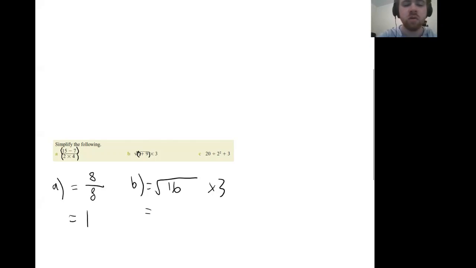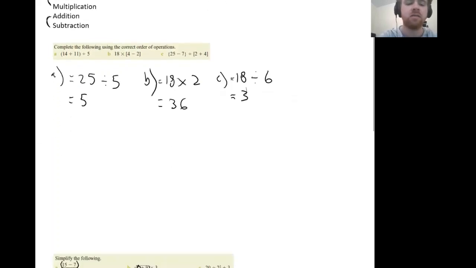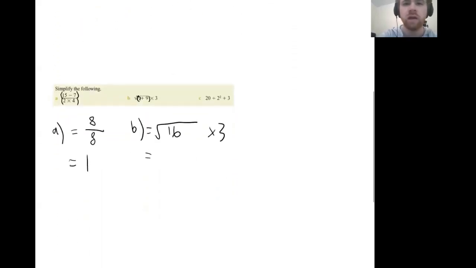The first thing we do is not the multiplication, but the square root, because that's in the indices line here. So we square root 16. What number times itself equals 16? 2 times 2 is 4, 3 times 3 is 9, 4 times 4 is 16.